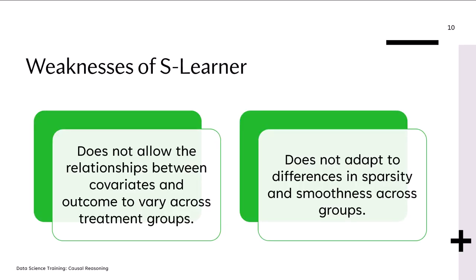The weakness of the S-learner is that it uses the same model for both treated and control groups, but they may have different relationships with covariates, and it doesn't adapt to differences in sparsity and smoothness across groups.